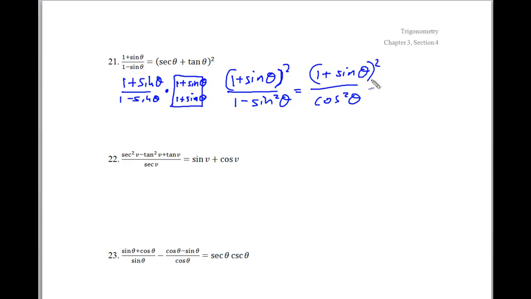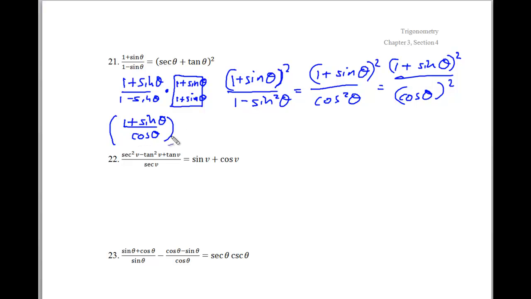And in a neat little trick, I'm going to take my denominator and change that into cosine theta squared. Now I have my numerator as 1 plus sine theta quantity squared. And through the power rule, actually technically a quotient rule since these are being divided, we can put these all under the same bracket: 1 plus sine of theta over cosine theta, quantity squared.